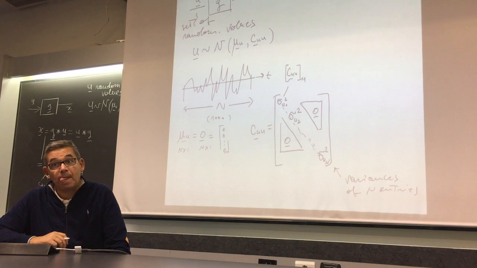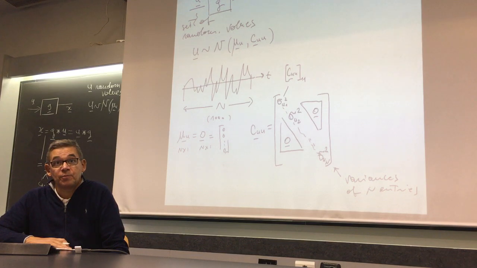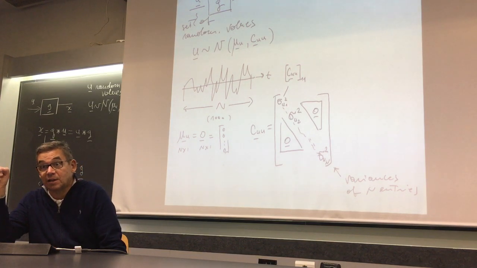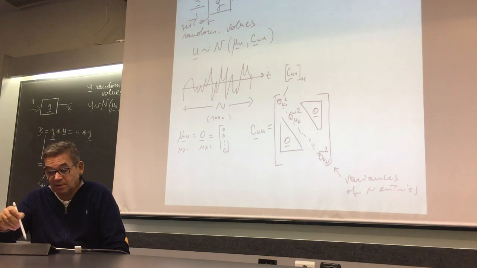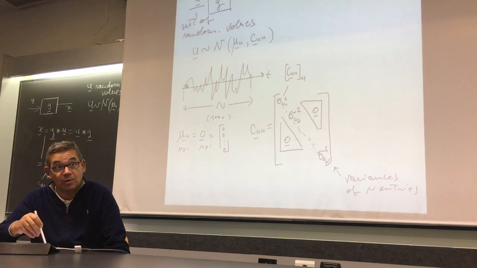What kind of random variables are these? Think about it. I have a random set, taken with the sigma. C_u1 squared is the variance of the first sample. Let's say that the first sample is zero mean, so it's fluctuating around here.